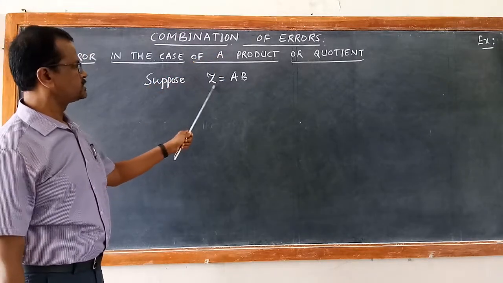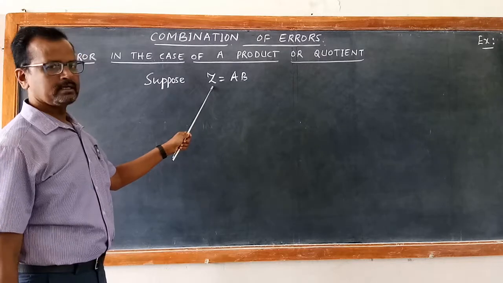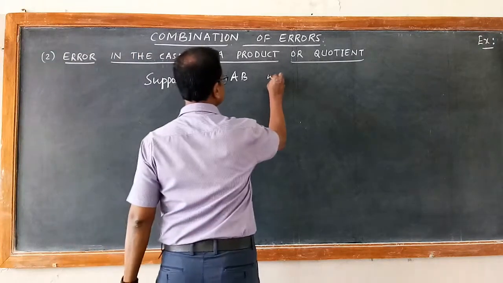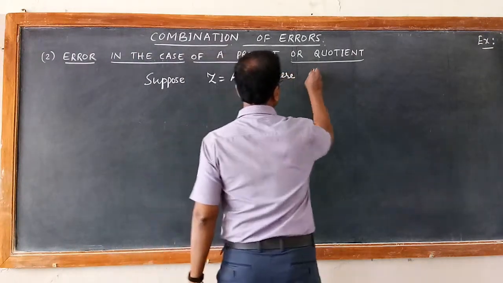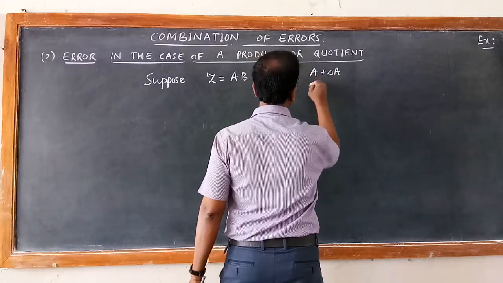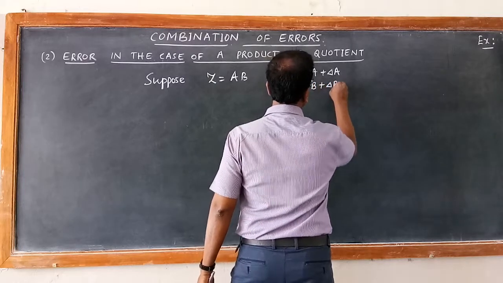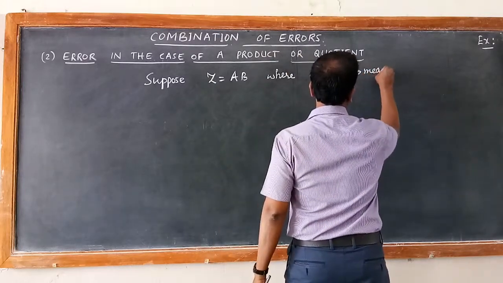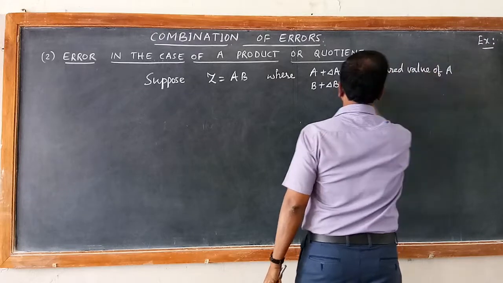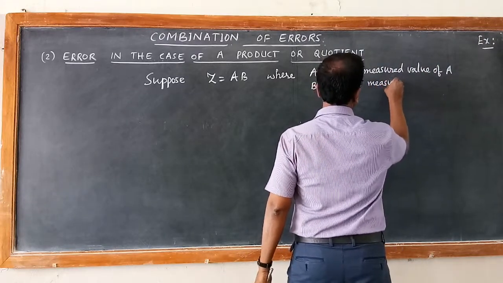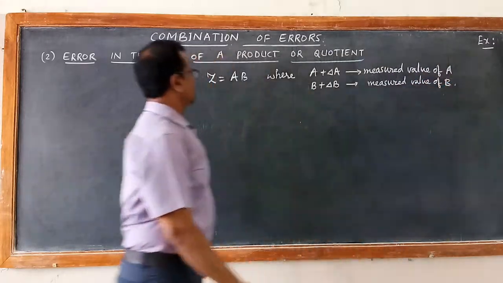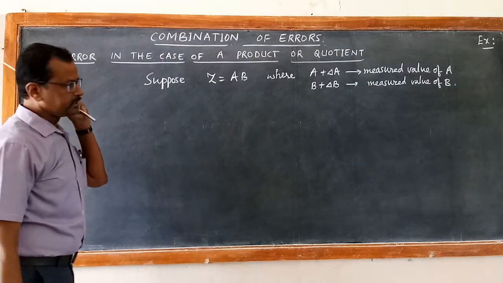In general, let us suppose Z is equal to AB, where Z is the result and A and B are the measured values, where A plus delta A is the measured value of A, and B plus delta B is the measured value of B. Then how to find the total error in the result?